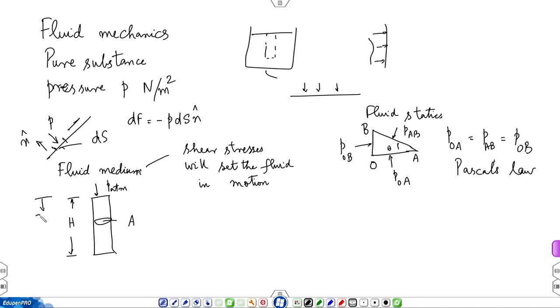Now, let us set up a coordinate system with the surface being z equal to 0, and at z equal to capital H, this is how you indicate pressure. So this is pressure at z equal to h.